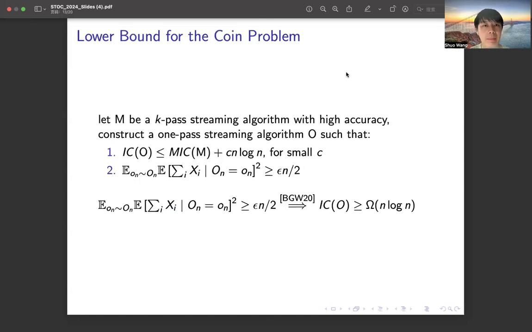And the idea behind the proof for the main theorem is a reduction approach. Let M be a k-pass streaming algorithm with high accuracy on the coin problem.